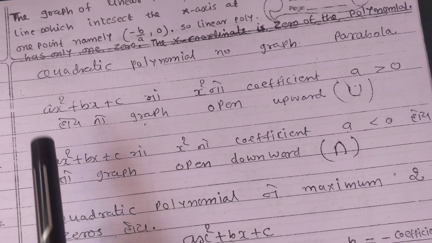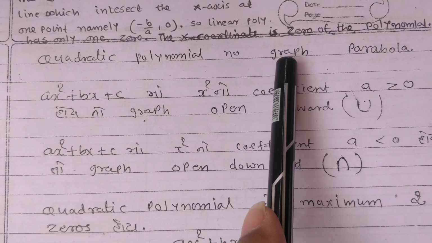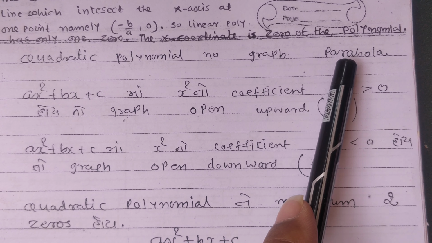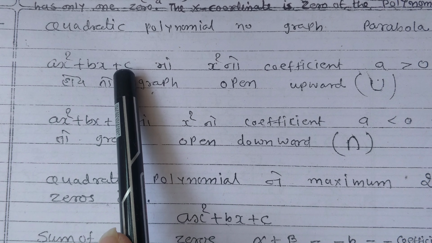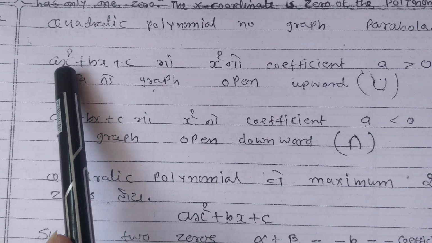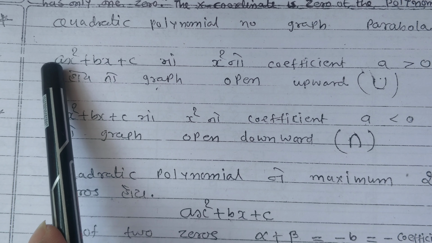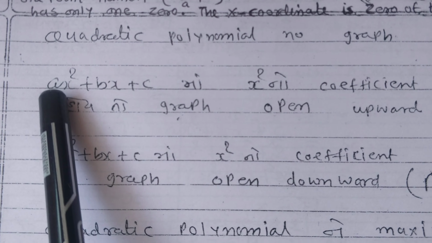So there are two important rules here. For a quadratic polynomial, the graph is a parabola. Ax square plus bx plus c is the standard form of a quadratic polynomial, where the coefficient of x square is a.